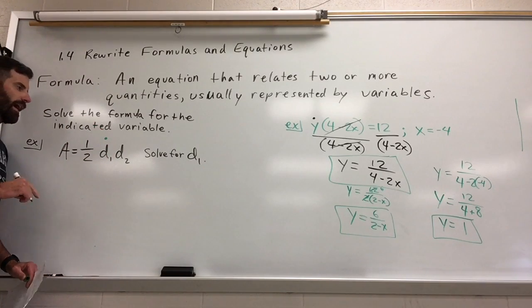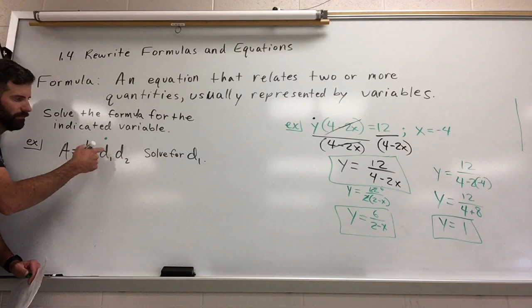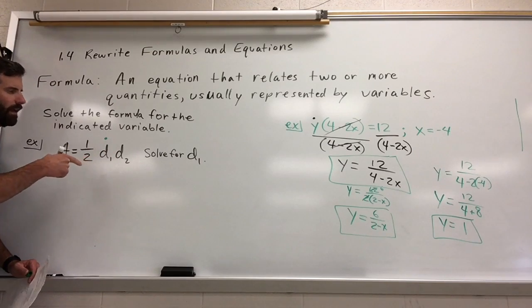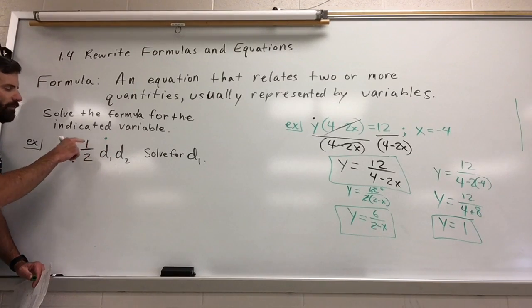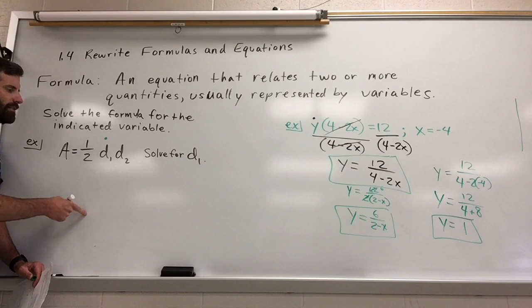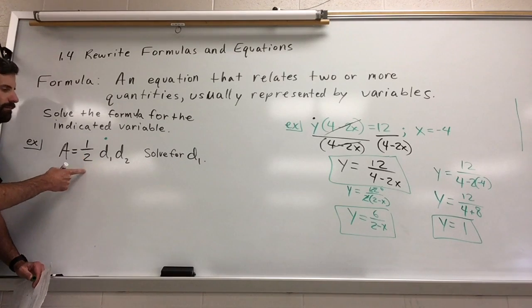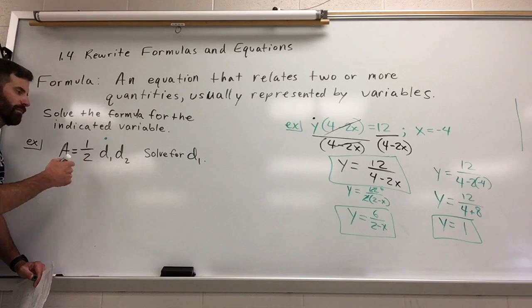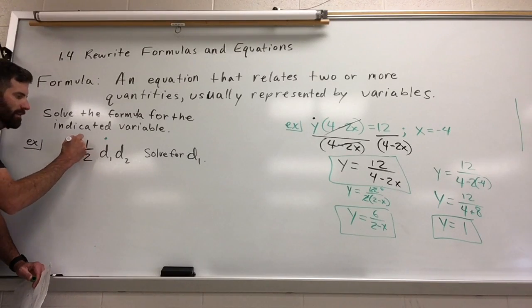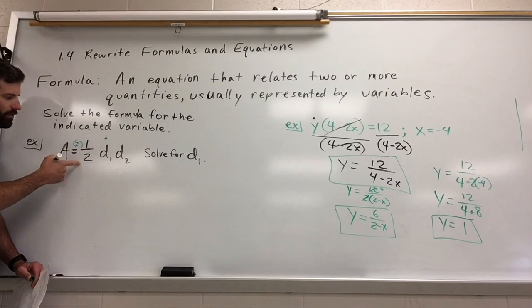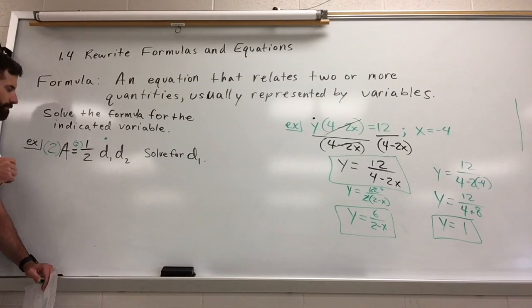So I need to undo multiplication. Now, whenever I have a fraction, I don't like to divide by fractions. I never do it. I realize that dividing by anything is the same thing as multiplying by its reciprocal. So I'm actually going to take care of that 1/2 by simply multiplying by 2/1, or 2. And I'm going to do that right away.